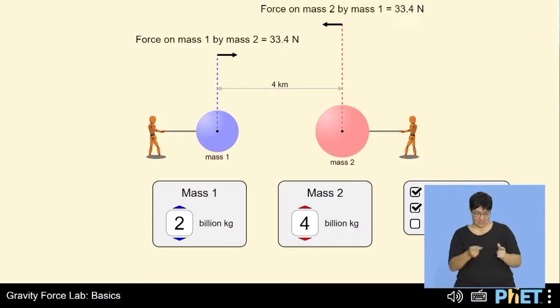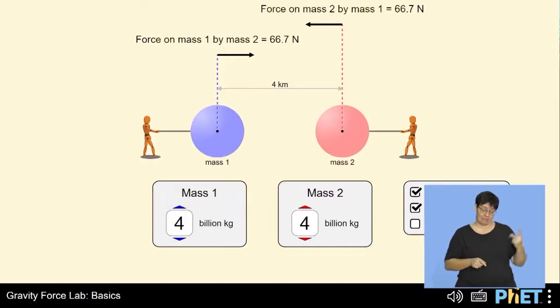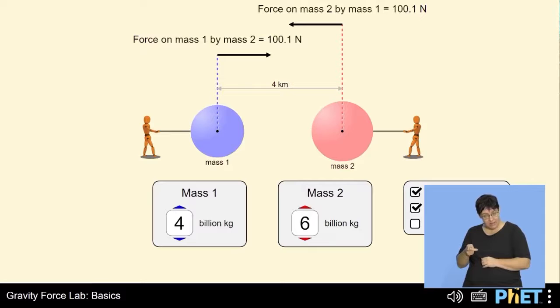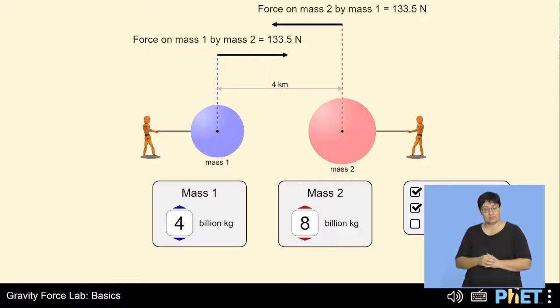And remember, if I look at them as they stand, I have a force of 3.4. If I double the mass of mass 1, we realize that the force also doubles. If I double the mass of mass 2, that would make it 8.